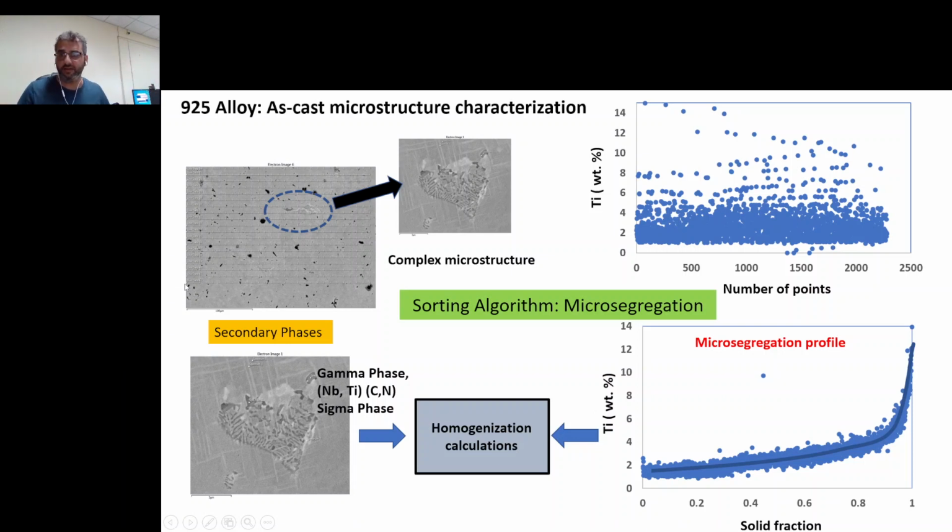For instance, you see a grid of 300 micron by 300 micron, and we perform EDS analysis at every 5 micron. So we get somewhere around 9,000 points, and then we implement a sorting scheme in order to calculate the segregation profiles. And these segregation profiles are actually input to the homogenization calculations.